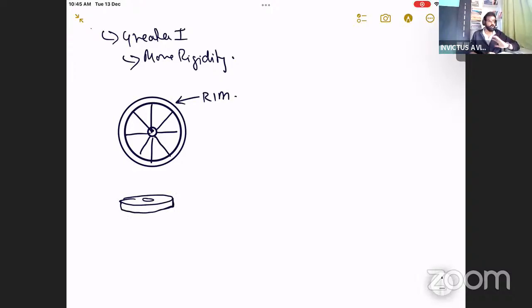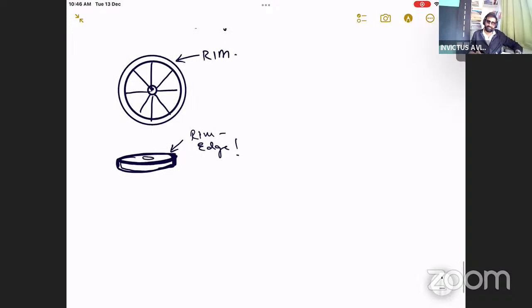I concentrate all the mass at the rim of the rotor. Rim, that is edge. Got it? Easy to understand?